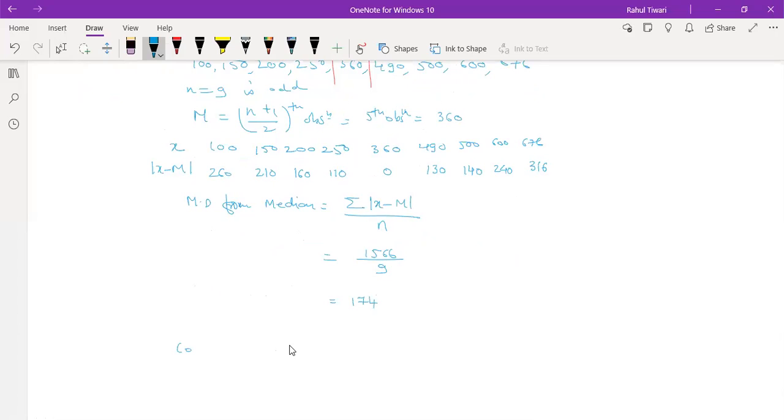So once you get this, you can find the coefficient of MD from median, which is nothing but MD from median upon median. Okay, so you can just calculate those values and let me know the answer for the same.